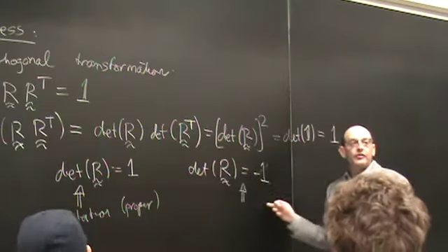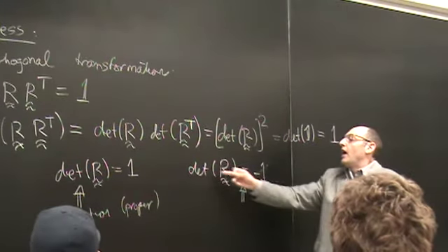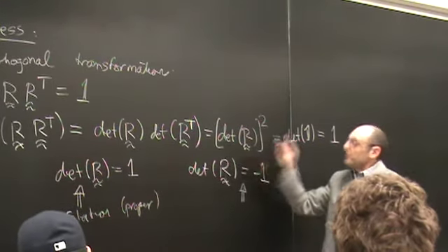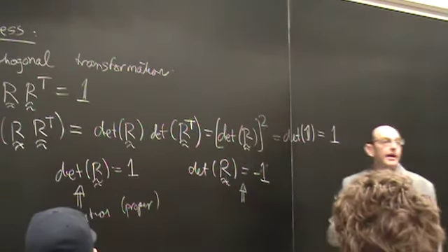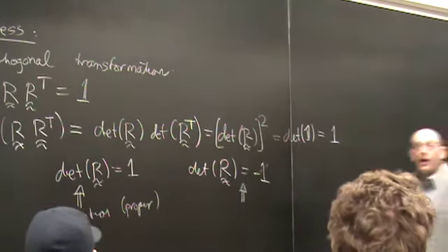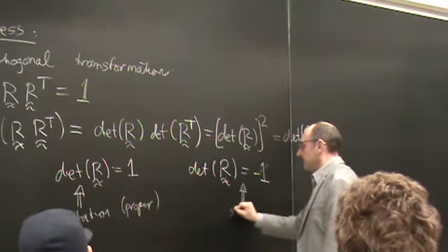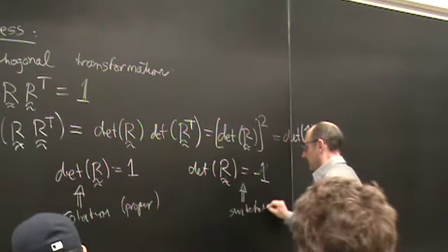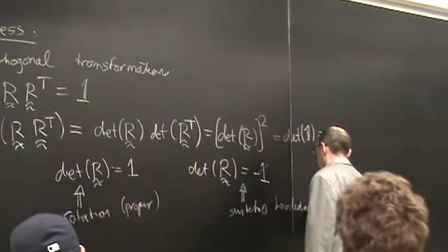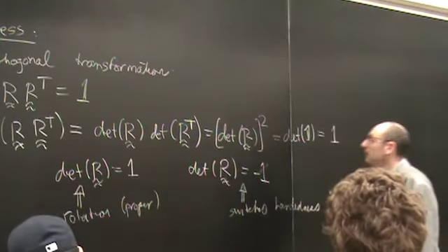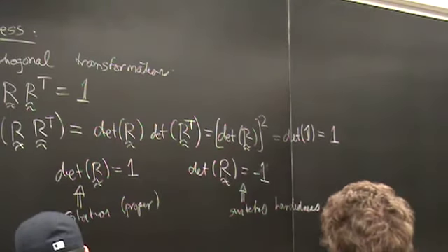What kind of transformation is one which preserves the inner product, but whose determinant is minus 1? Well, something which switches the handedness. So let's remind ourselves about that. Reflected across an axis, for example, indeed.